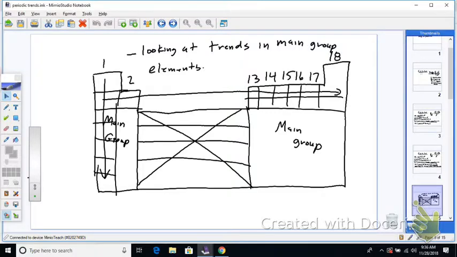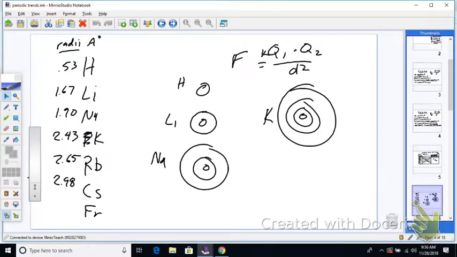We're going to look at main group elements. This is the reason why. If I was one of you and I had to explain this concept to somebody else that didn't know what was going on, then I'd say, hey, look at group 1. Look how the radii in angstroms increased as I went down the group.